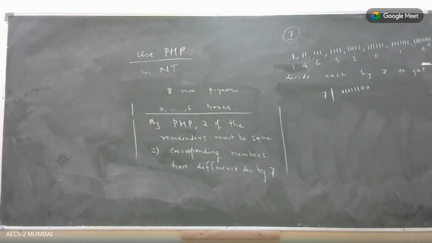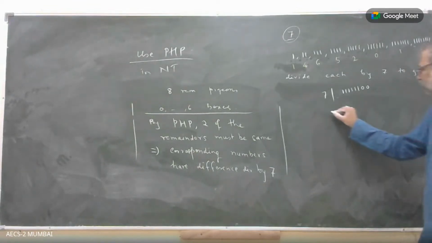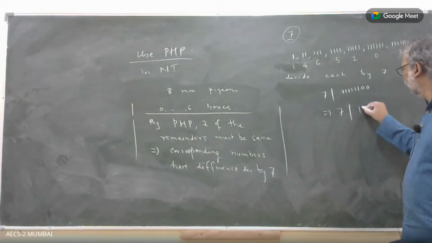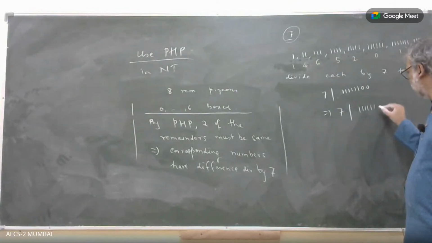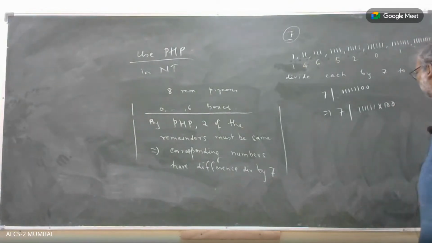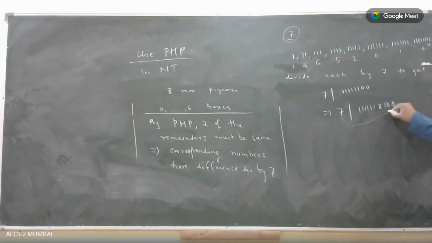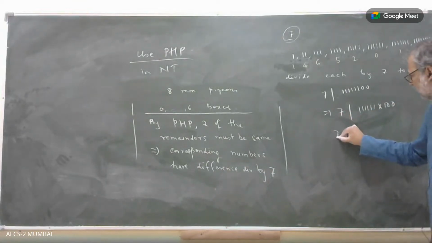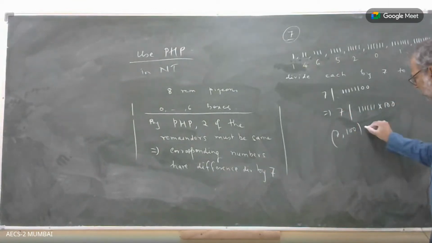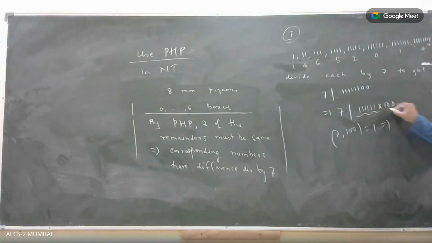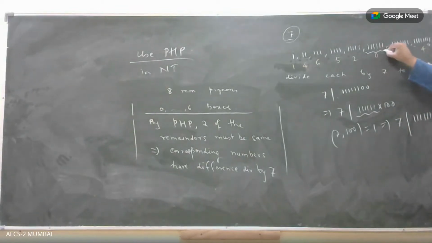Then 7 divides 1111 times 100. But 7 does not divide 100. In fact, GCD is 1, no common factor. It implies that 7 divides this number totally. 7 divides 1111 with 6 ones. And you can actually check this is a number containing only ones and divisible by 7.